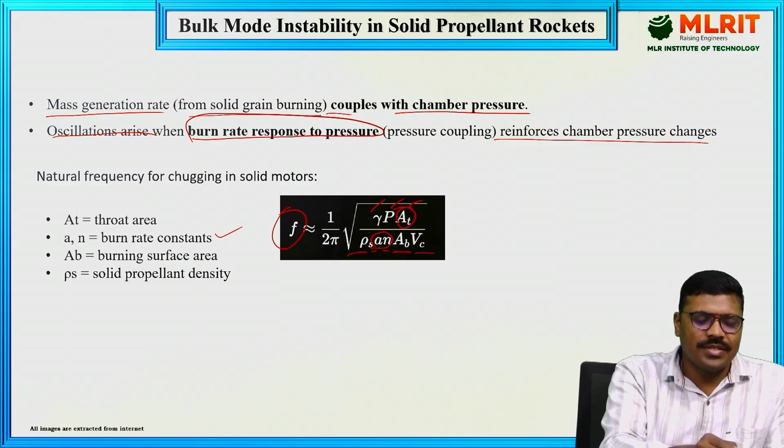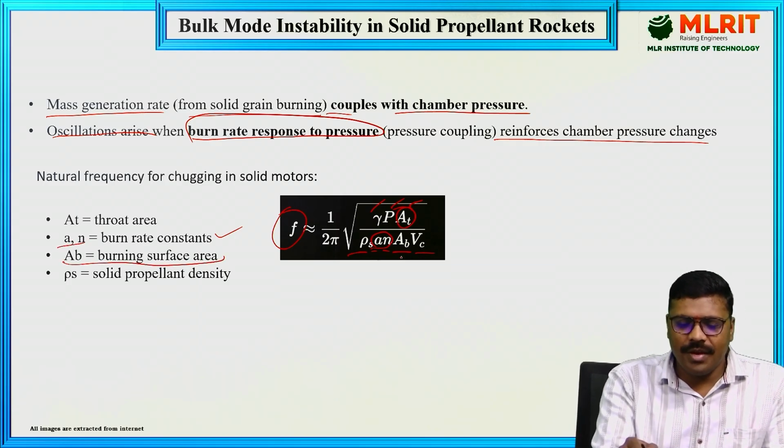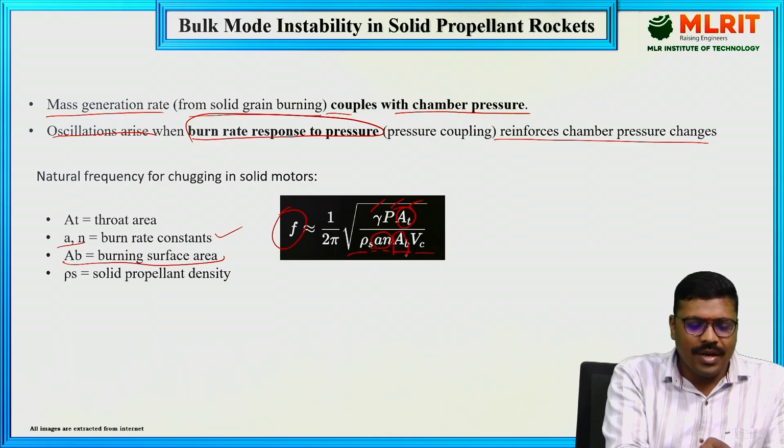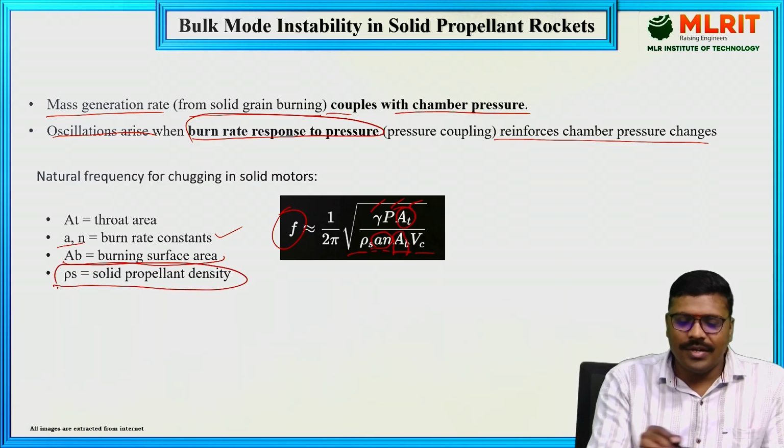Next, Ab is the burning surface area, and rho S is the solid propellant density.